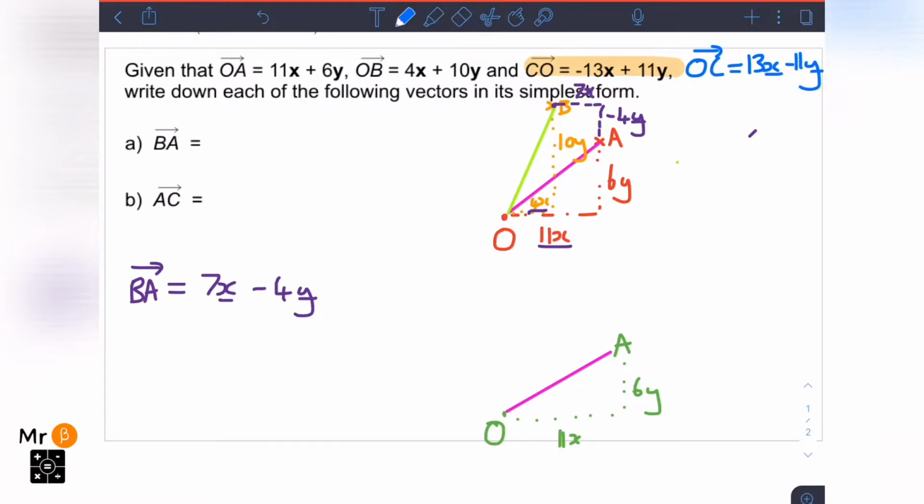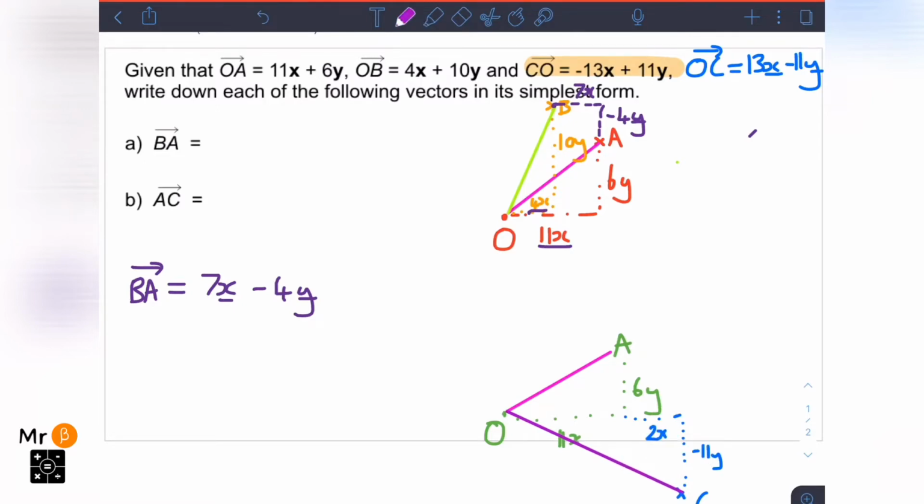That now tells us if we start at O, we would need to move across by 13x, which is an extra 2x to what we'd already moved, and we're going to go down 11y. And that is our point C. Again, if we draw this as a straight line, going from O to C, that is our vector.